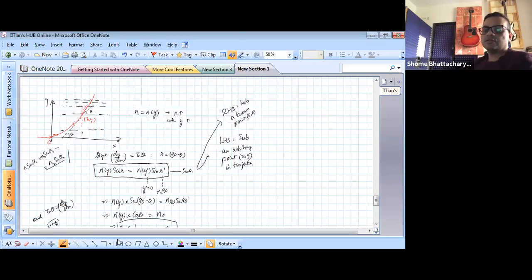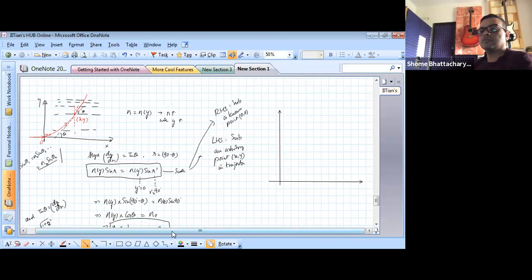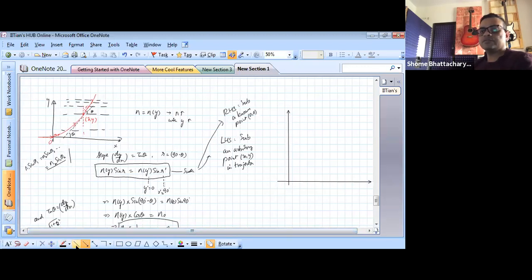Okay, so I'll just explain the concept of slope versus, in this case, what the angle of incidence or the angle of refraction is. So if light is following a bending trajectory like this over here, now you take any arbitrary point in the trajectory of the light like this, and at that point you draw a tangent.